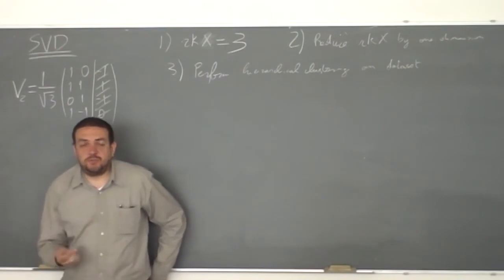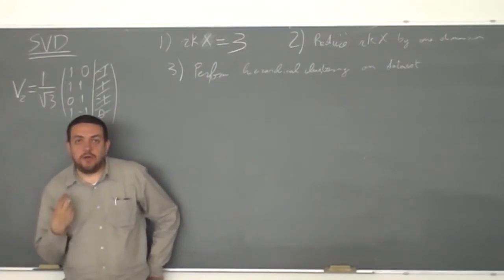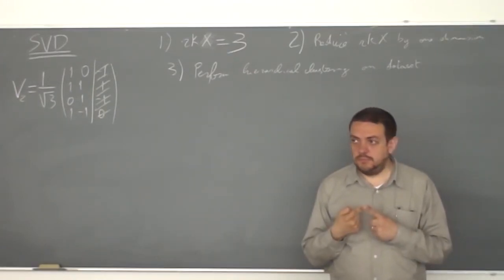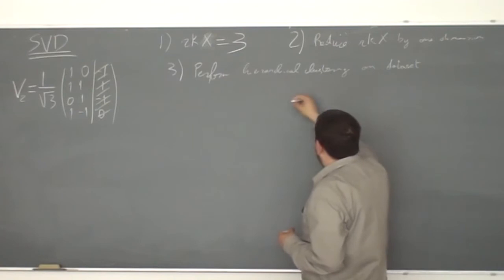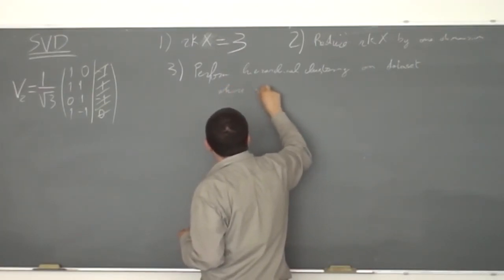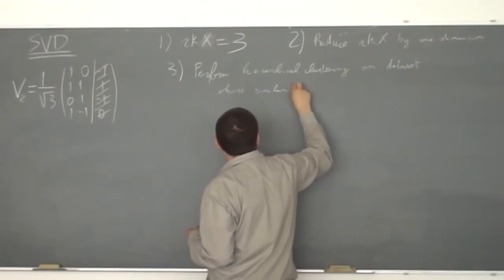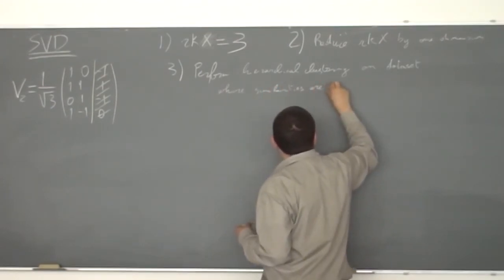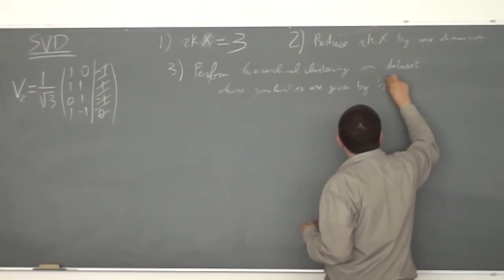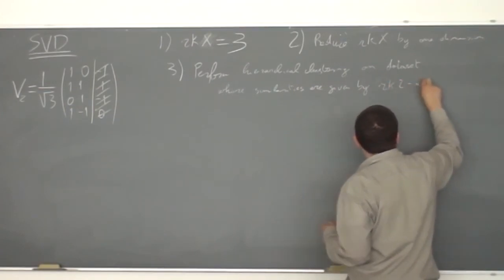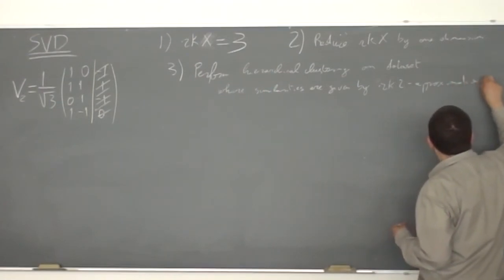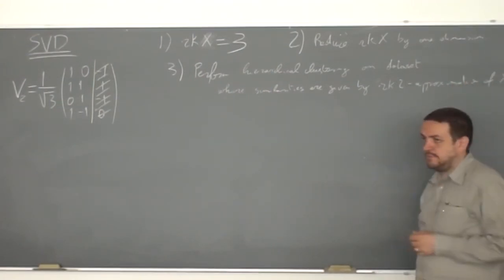You know that in order to perform hierarchical clustering, all that we need are the similarities between documents. So I'm explicitly asking to perform this procedure where similarities are given by the rank 2 approximation of X.